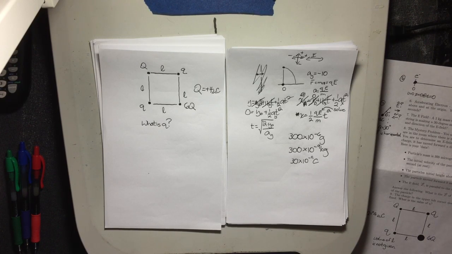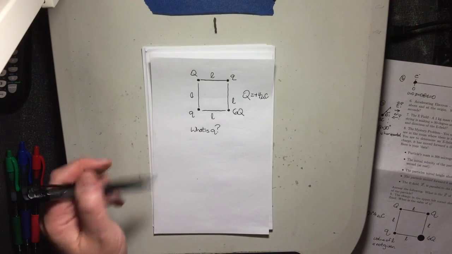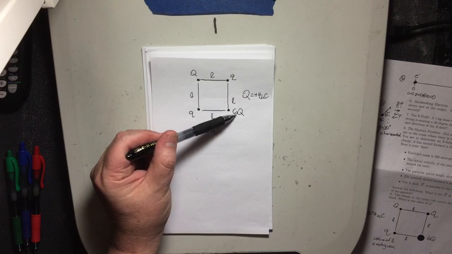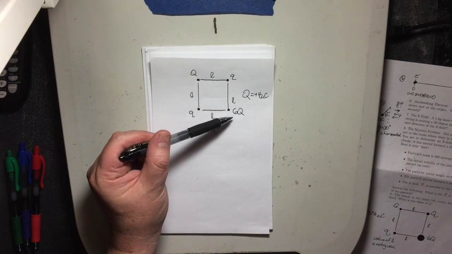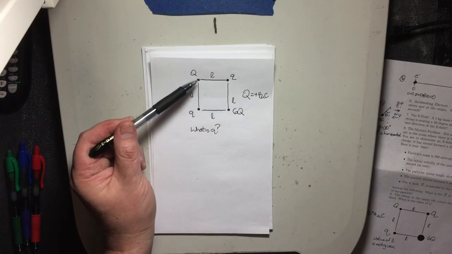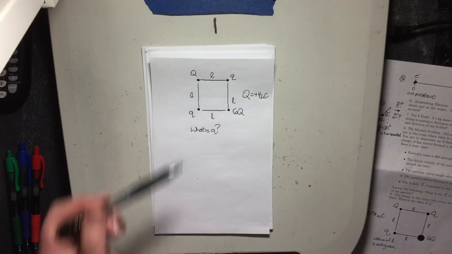Let's first discuss what's going on in this problem. The upper left charge is not allowed to move. This charge is 6 times 4, or 24 positive microcoulombs, which means this charge is positive 4 microcoulombs.